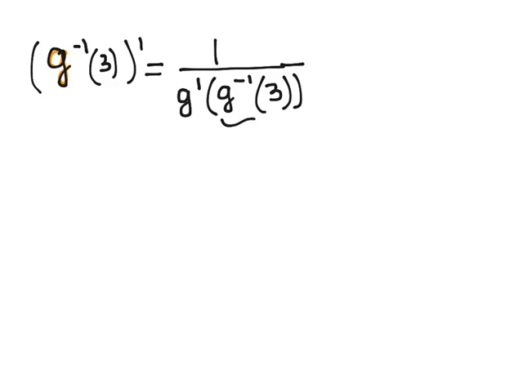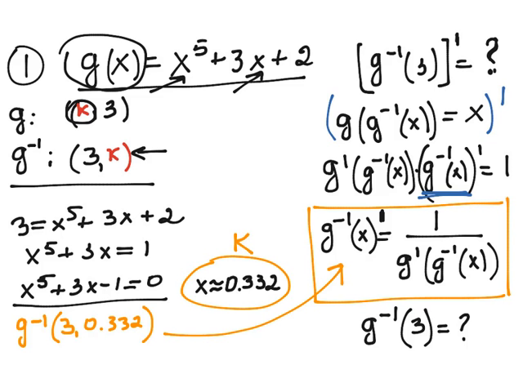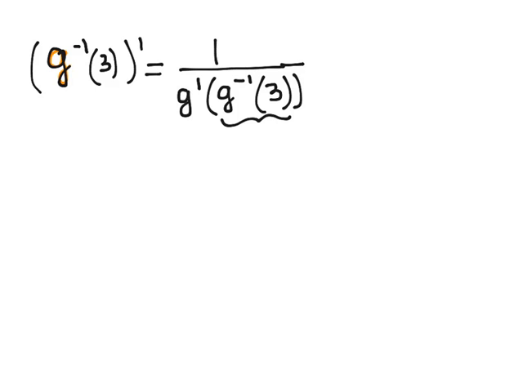Now, we already found g inverse of 3 equals 0.332.